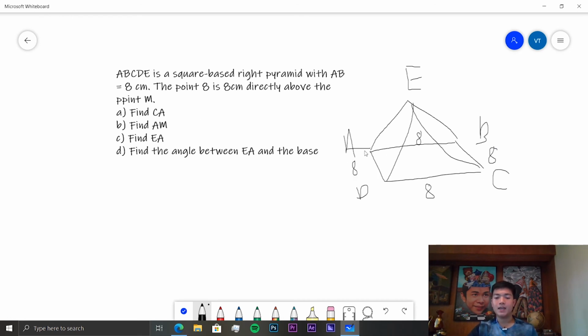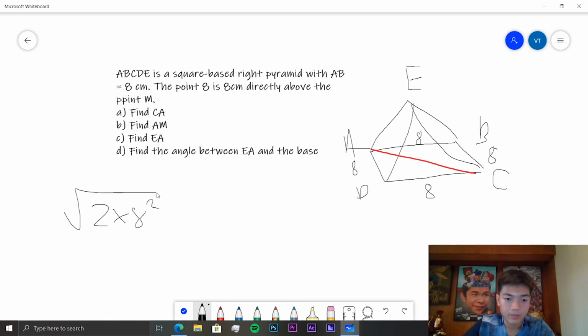So we need to find CA, and CA is this diagonal over here. Let's draw it in red. And so that's equal to the square root of 2 times 8 squared. Since this is 8, this is 8. So by Pythag, 2 times 8 squared is square root 128, or it's 8 square root 2.